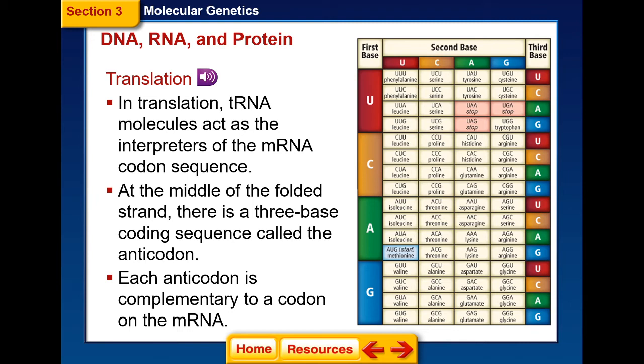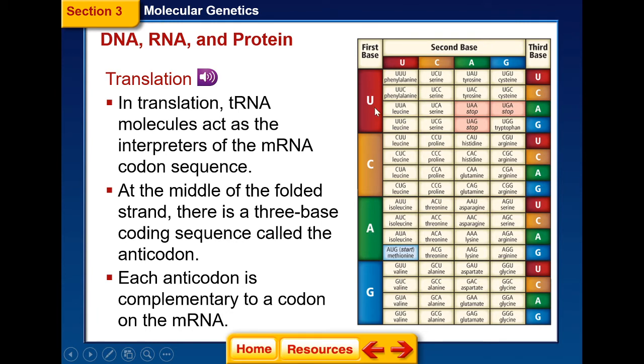Each anticodon is complementary to a codon on the mRNA. So on the mRNA, you just have the codon. Let's say it's AUG. So the AUG mRNA codon, we look that up here on the codon chart.